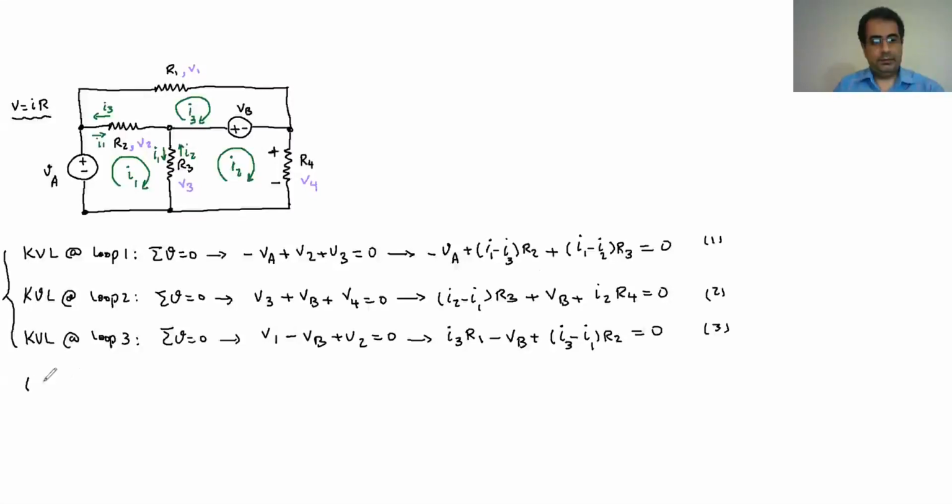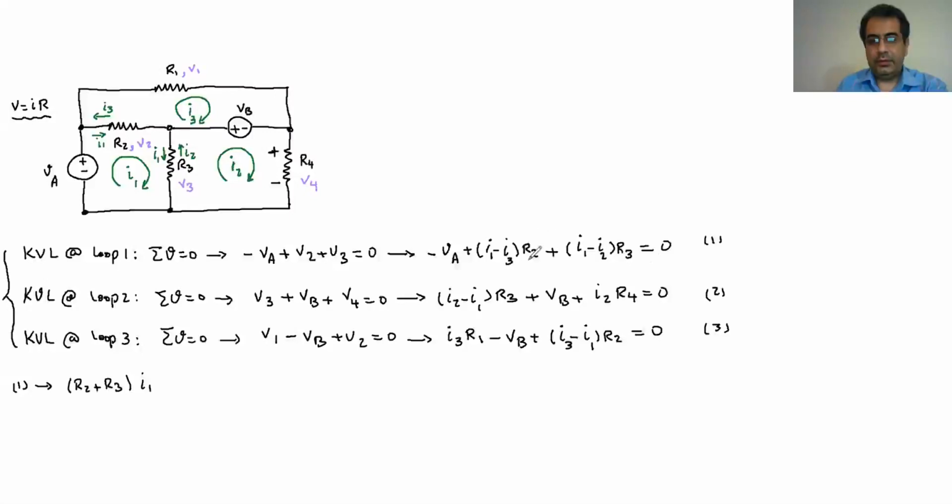The equation 1 gives me the coefficient for the I1. So for the I1, I have R2 and R3. So I have R2 plus R3 times I1.